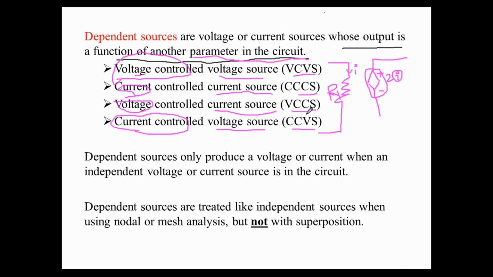The important point to keep in mind is that dependent sources can only produce either V or I, and cannot produce other parameters. For producing this V or I, they depend on some other independent voltage or current source magnitudes.